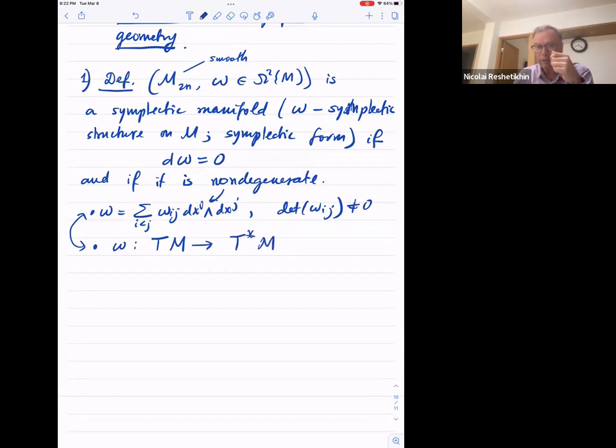You can pair, so omega of V, in local coordinates, simply means that you take the sum over ij. Let's say that this is omega at the point x, and this is a vector field at the point x. So it's just the contraction of the 2-form with the vector field V.